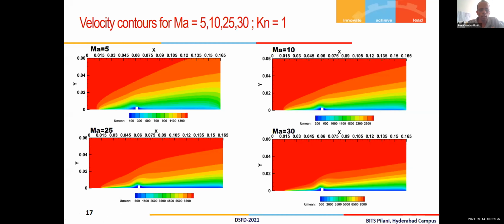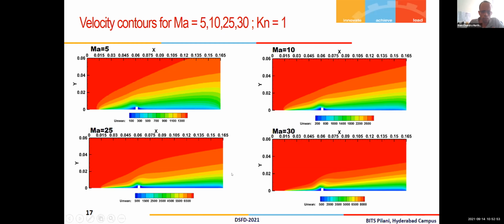Coming to the effect of Mach number, these are the velocity contours for different Mach numbers 5, 10, 25, and 30. This is a wide range of Mach numbers, because Mach number 5 is in the supersonic regime and Mach number 30 is in the hypersonic regime. As we see, as the flow velocity increases, please note the legends have different maxima.